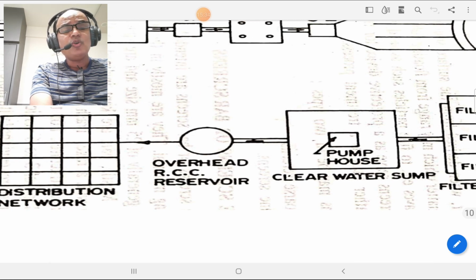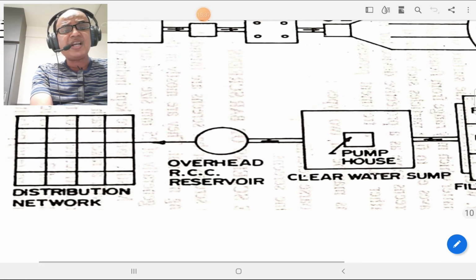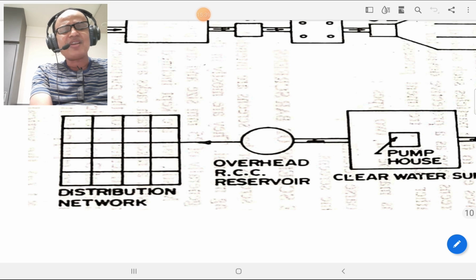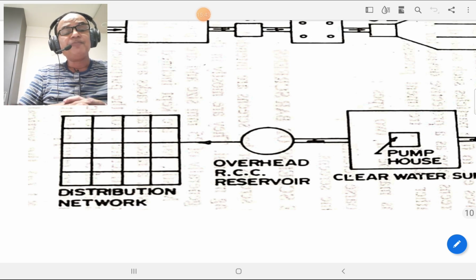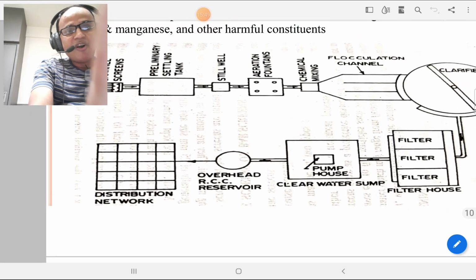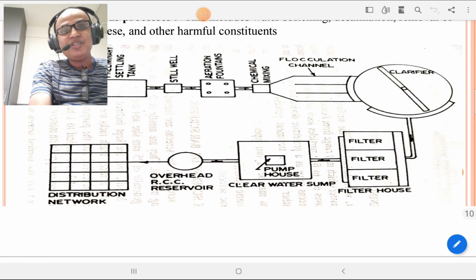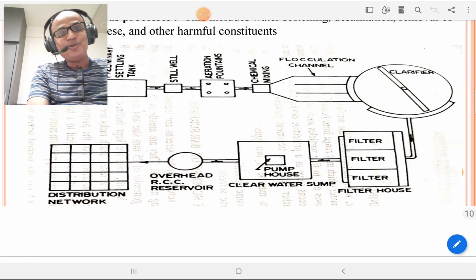From the pump house, water is transferred into the overhead RCC reservoir, and after transferring that water into the overhead RCC reservoir, water is supplied to the distribution network. This is the typical line diagram of any water treatment plant, which is elaborated here to describe all the different types of processes on the water.